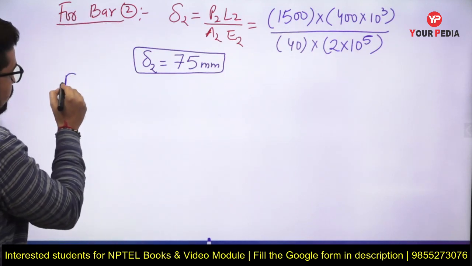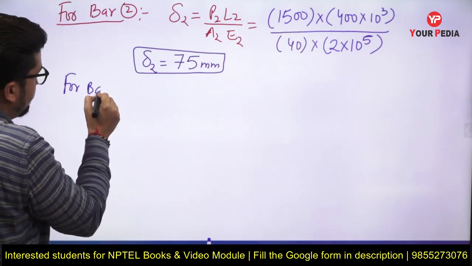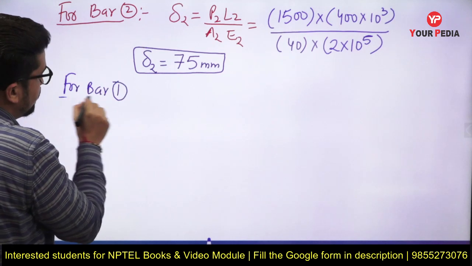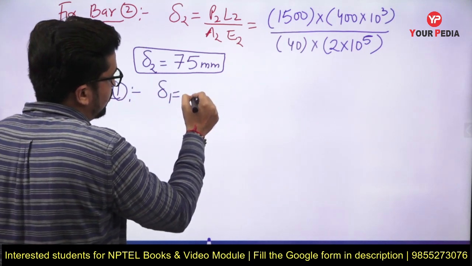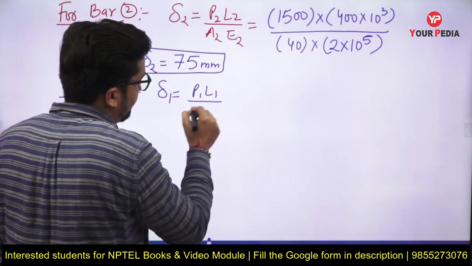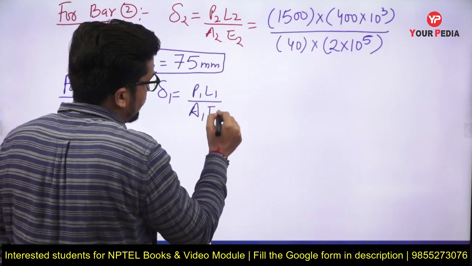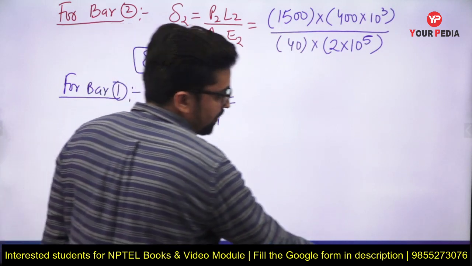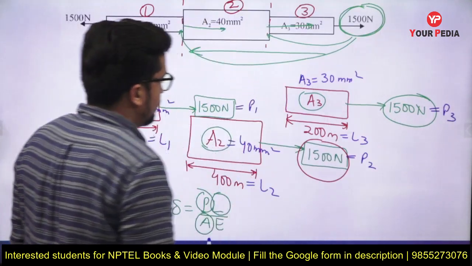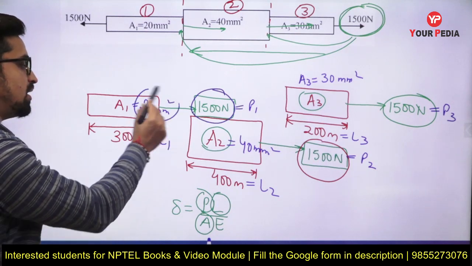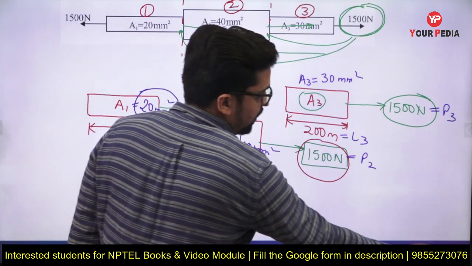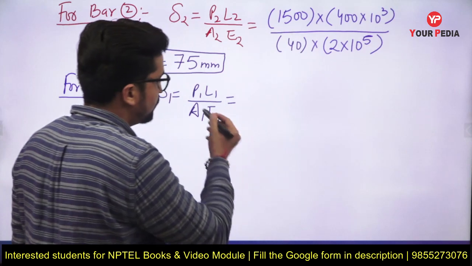Similarly, we can also calculate for first bar, right? So for first bar, delta 1 will be equal to P1 L1 upon A1 into E1, and P1 is 1500 Newton, area is 20, and length is 300 meter. So let us substitute these values.